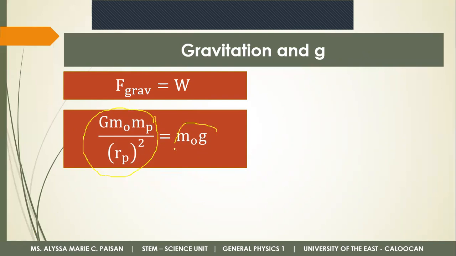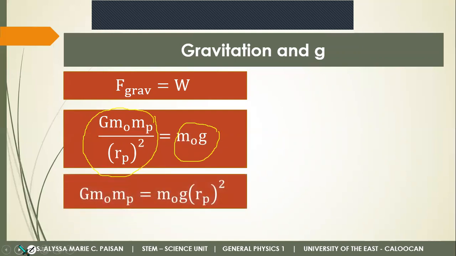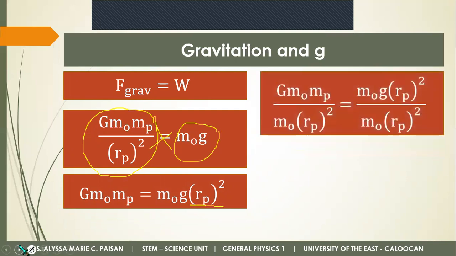Tapos yung weight naman, ito yung equation niya. Okay? Here, we would be able to derive the equation for acceleration due to gravity. Ayan. So, we cross-multiply. Kaya napunta na dito yung RP. Cross-multiply. Our goal, again, is to get an equation for acceleration due to gravity.